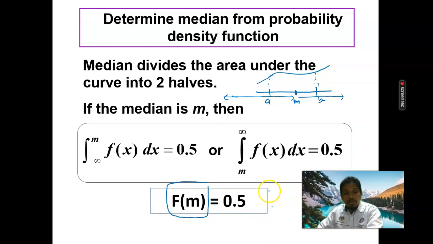So for continuous random variables, we are dealing with two things: first is integration, and the second is differentiation.